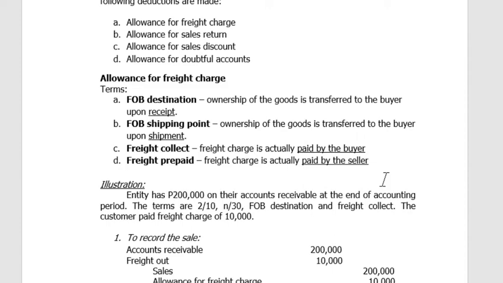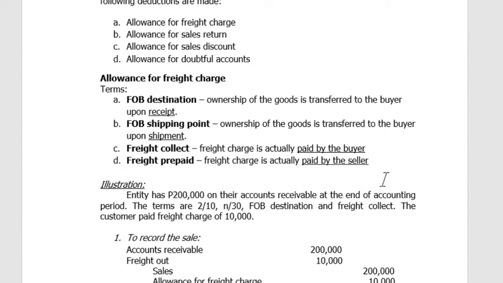Under the FOB destination, ang sabi dyan, the ownership is transferred to the buyer upon receipt. Kaya siya destination is because kung saan yung location ni buyer ay doon niya palang matatanggap yung items.